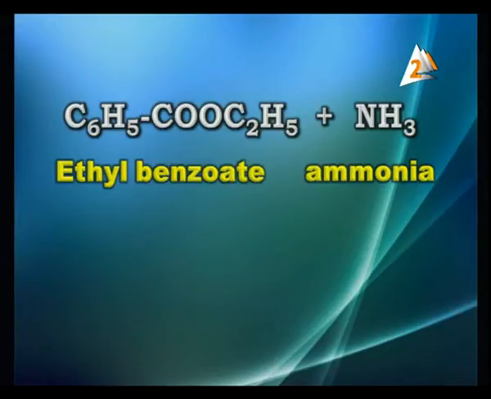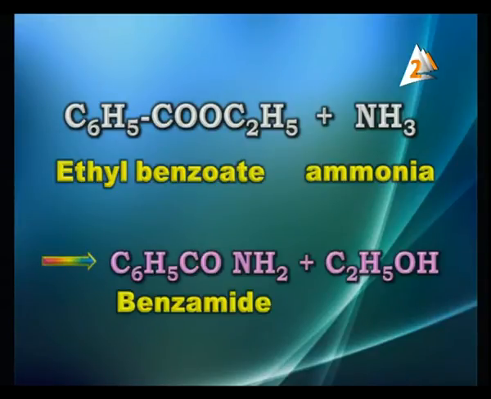I need benzamide, don't forget this. So we have ammonia here to produce the benzamide, C6H5CONH2 and C2H5OH. So the benzamide is produced from toluene by these 3 steps of reactions.